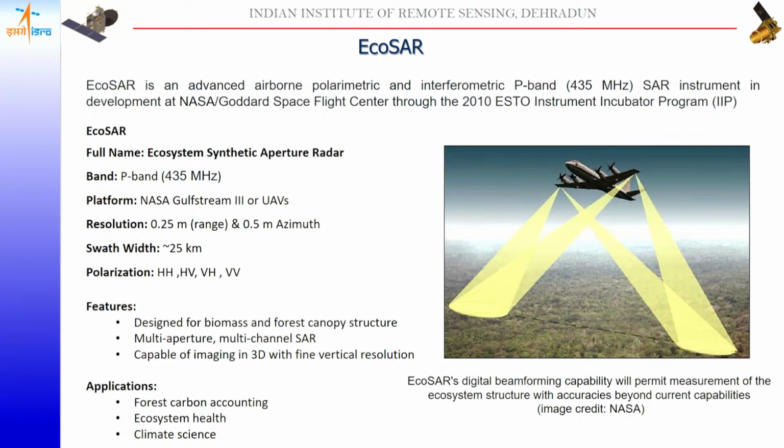Another is the EcoSAR, an advanced airborne polarimetric and interferometric P band system. So it has both the capability of polarimetric and interferometric P band, and it is designed for biomass estimation. It is also a NASA airborne system, and different applications like forest carbon accounting, ecosystem health and climate we can study with this airborne system.